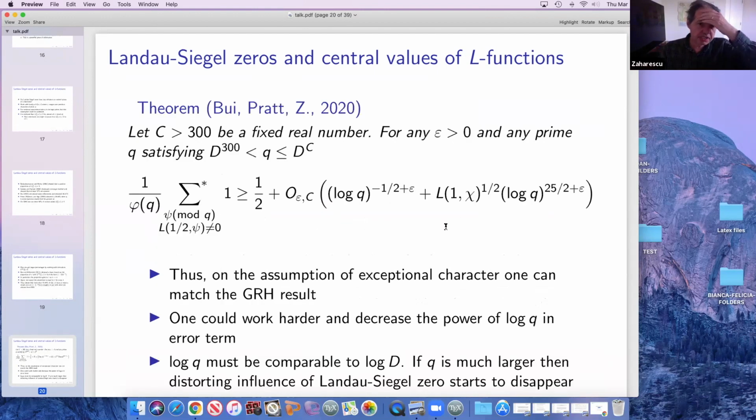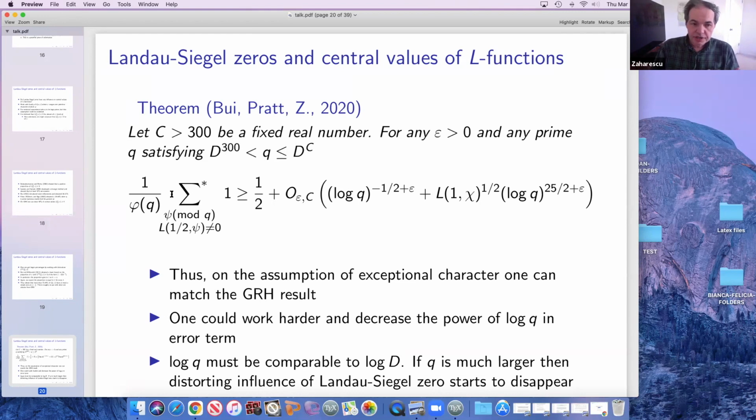So let's say the result from 2020, joint work with Hung Bui and Kyle Pratt. Fix a number c larger than 300. Then for any epsilon larger than 0, forget about the epsilon, I'm going to take epsilon to be 1/4. It doesn't matter. It's not the epsilon from Siegel's theorem or anything. And any prime number between d to the 300 and d to this number c that we chose, a fixed number strictly larger than 300.